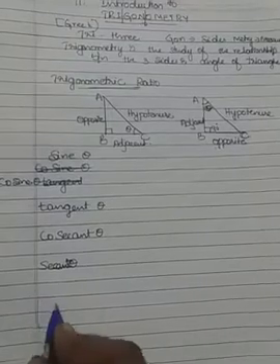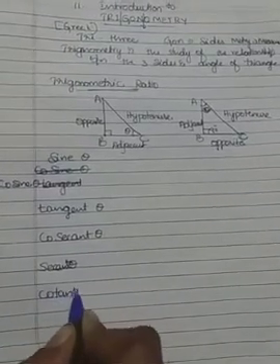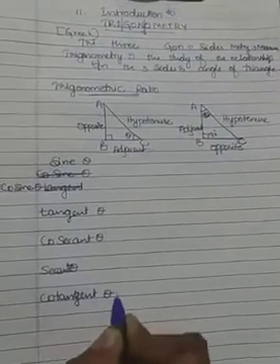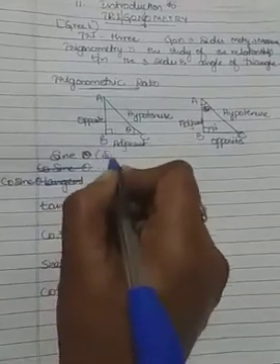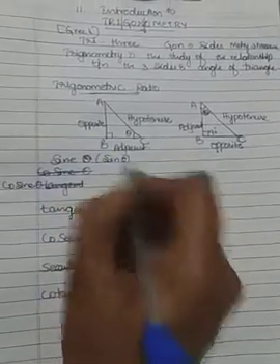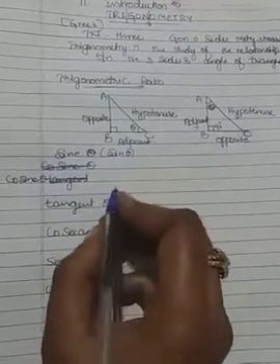The last one is cotangent theta. Sine theta is shortly written as sin theta, not to be read as sin.